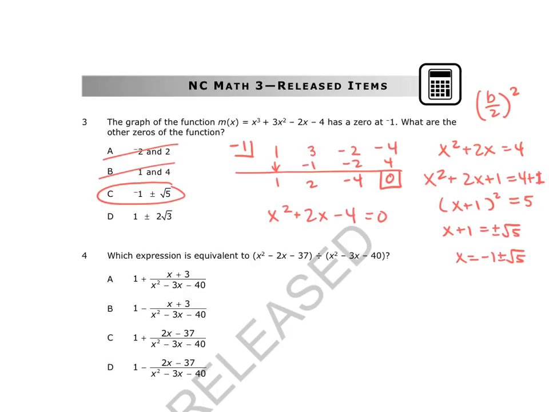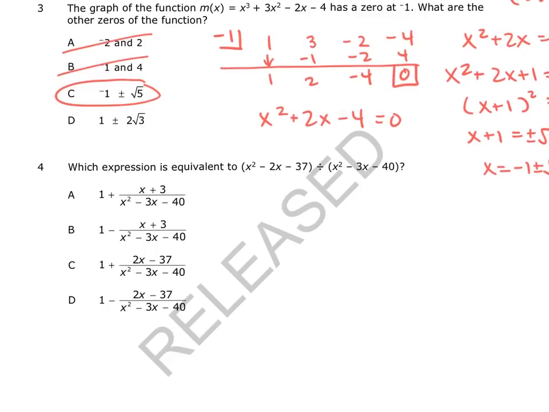For the next one, this asks me to divide these 2 expressions. When I'm dividing, in this case, there's no way to go around this without using long division.